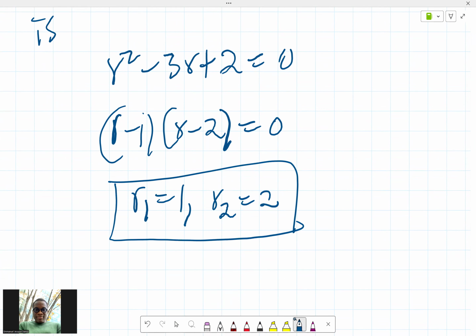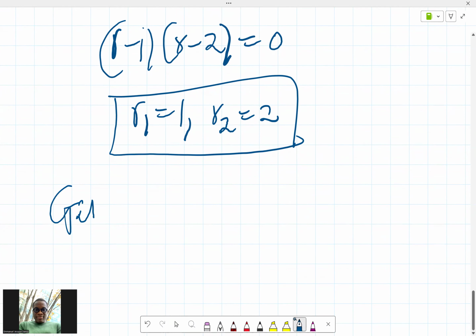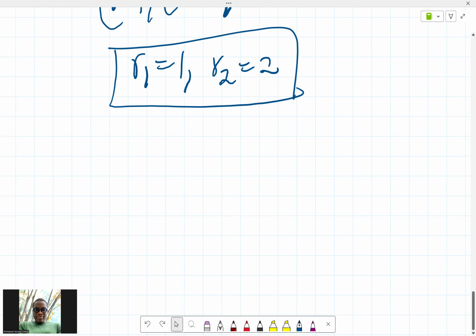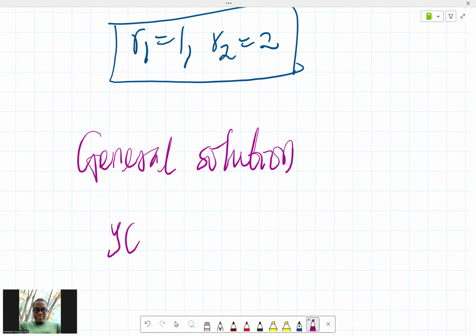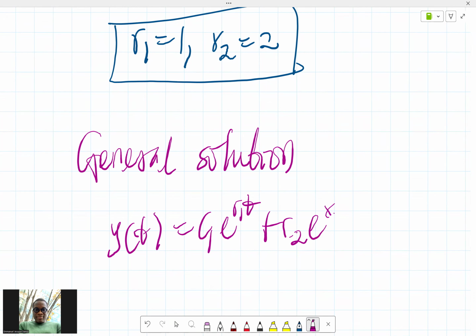Since we have this, we can now write the general solution: y of t equals C1 e raised to power r1t plus C2 e raised to power r2t.